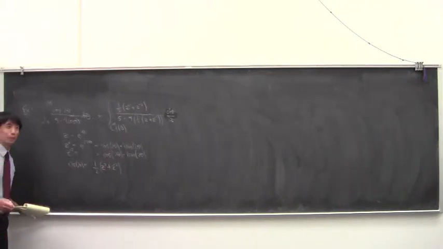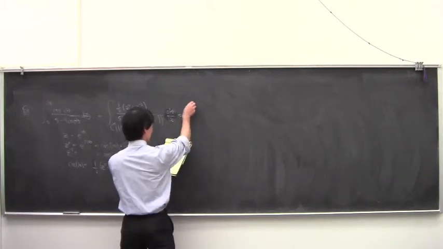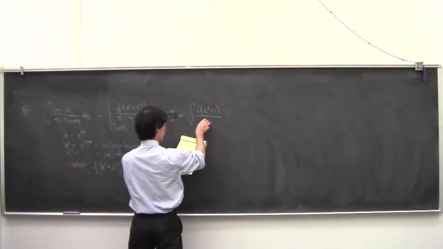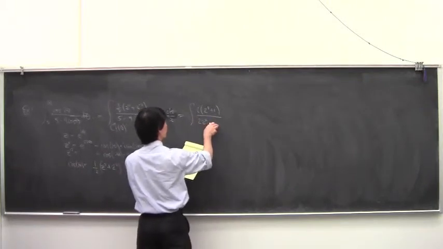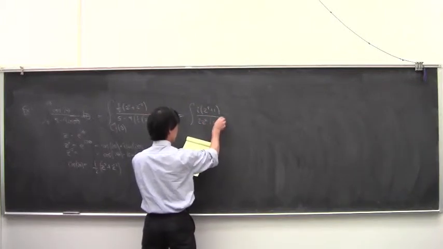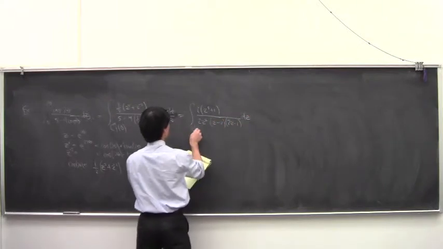And then basically the same sort of thing happens. You work this out, you do some simplification. It turns out to be something like this: i times (z to the 4th plus 1) over 2z squared times (z minus 2) times (2z minus 1). Easy.